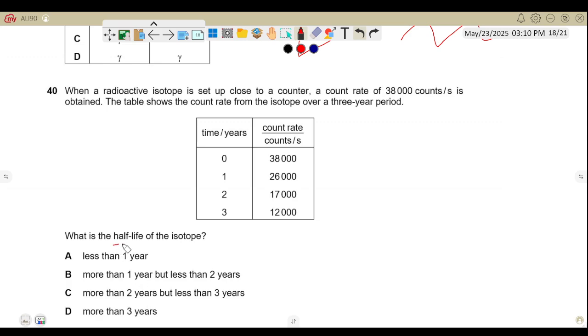When we talk about the half-life, it's the time when the count, which we denote as A, reaches half of the initial count. The initial count here was 38,000 counts per second.